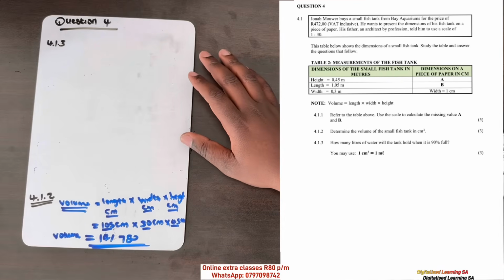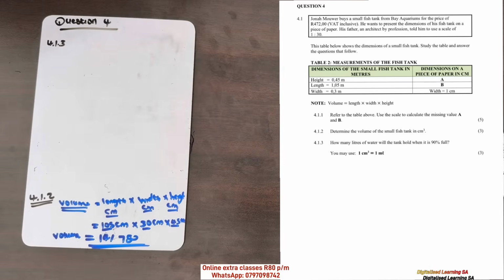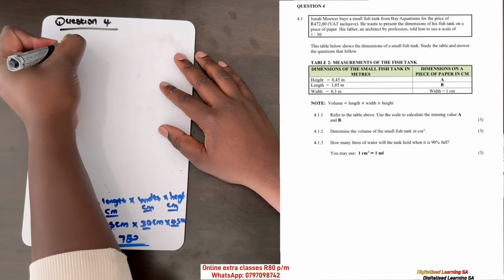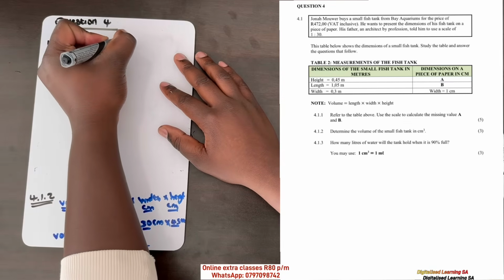So now we need to convert. Let's see what we need to do. We are told that 1 centimeter cubed is equal to 1 milliliter.